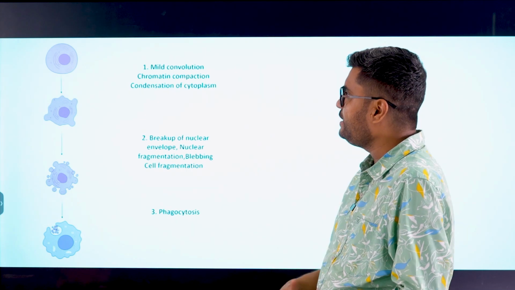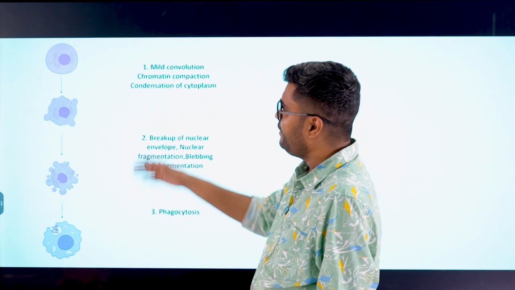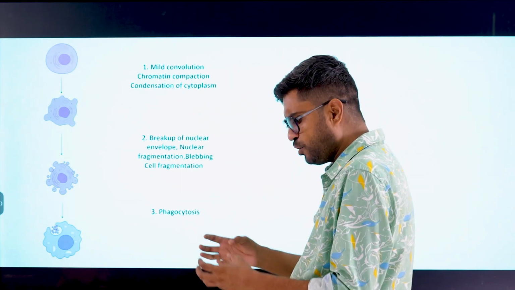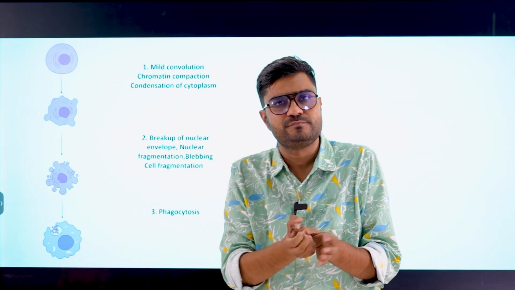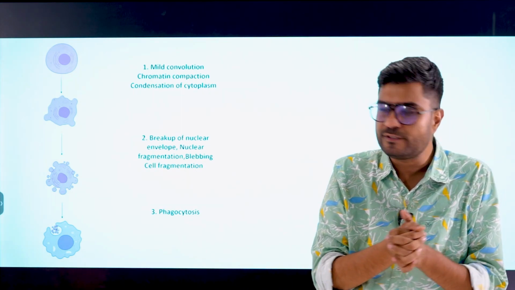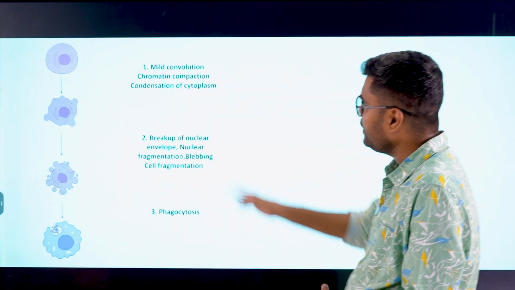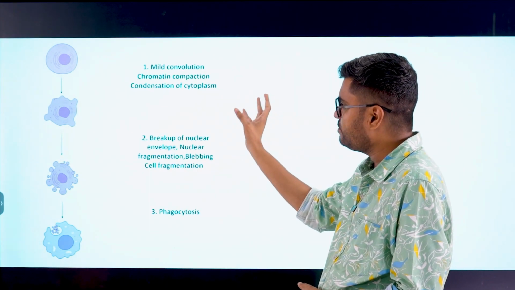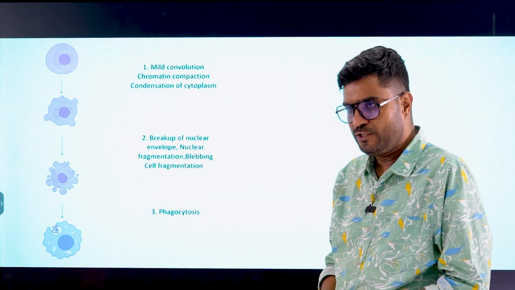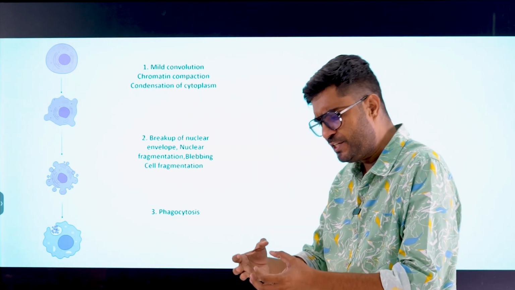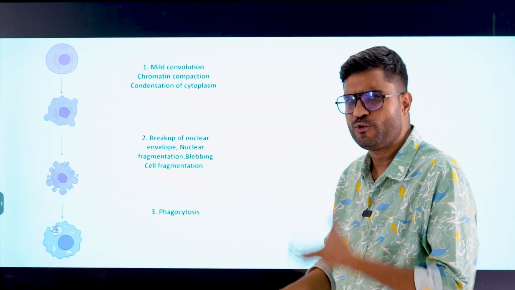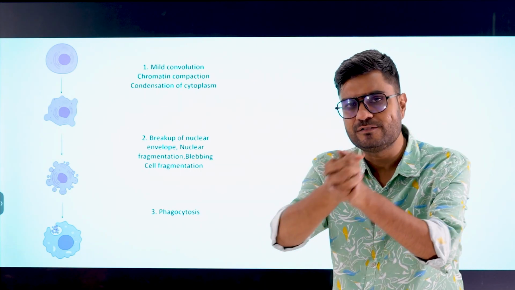It occurs in 3 different steps. In the first step, chromatin compaction occurs. The DNA is getting compact and condensation of cytoplasm occurs. So the complete machinery of the cell, including DNA, chromatin and cytoplasm, is getting compact.